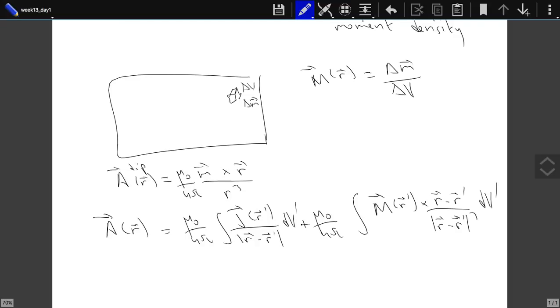That is why here my dipole is at the point R prime. If R is the point at which I'm evaluating this vector potential, then the relative position of that point relative to my dipole is just R minus R prime. This is why here it appears as R minus R prime and not R.